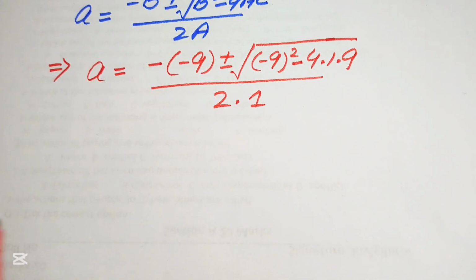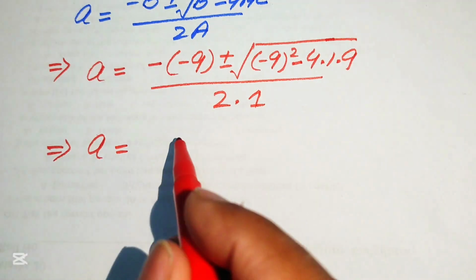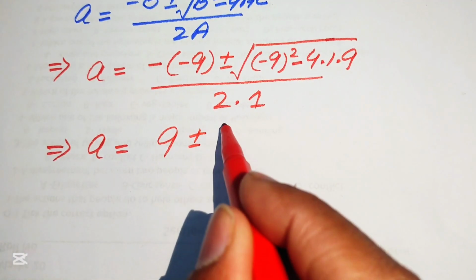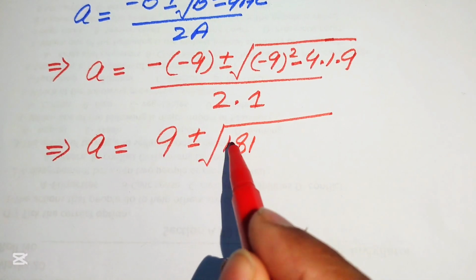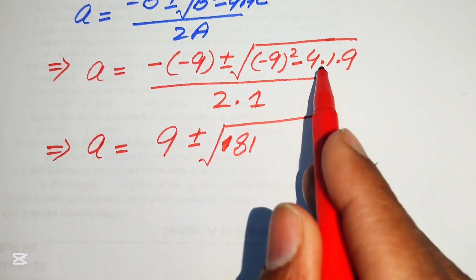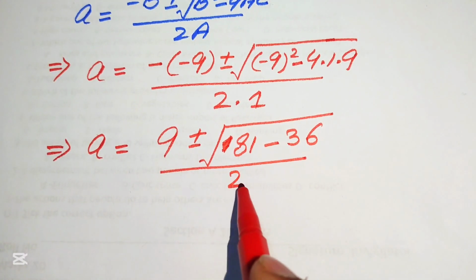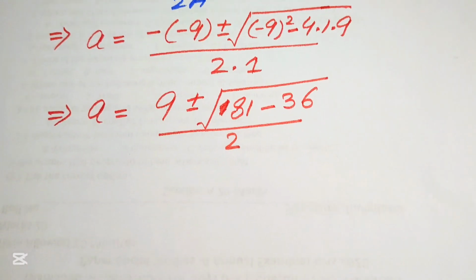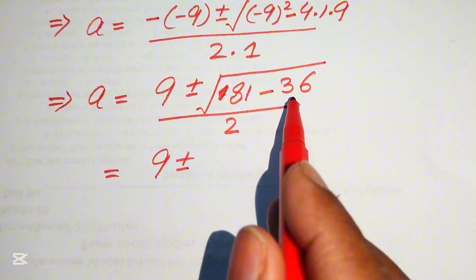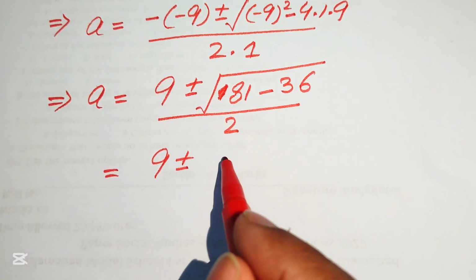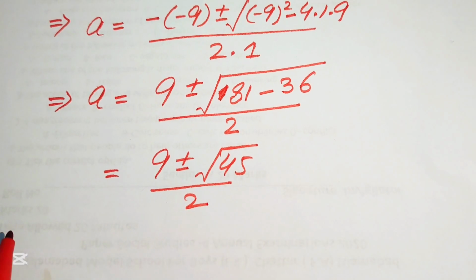So further we need more simplification, and it will be written as a equals, minus times minus becomes plus 9, and plus minus square root of minus 9 square equals 81. So this is 81, and 4 times 9 becomes 36, and it is divided by 2 times 1 equals 2. So here further we see that this is 9 plus minus the square root of 81 minus 36, which is 45, divided by 2.